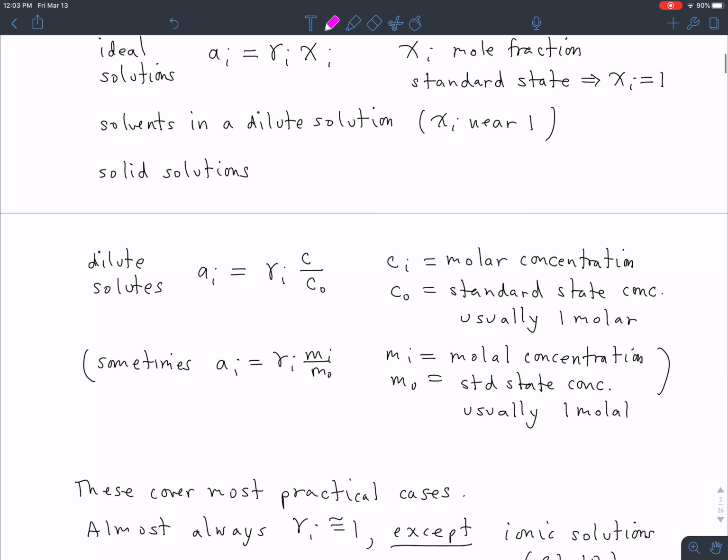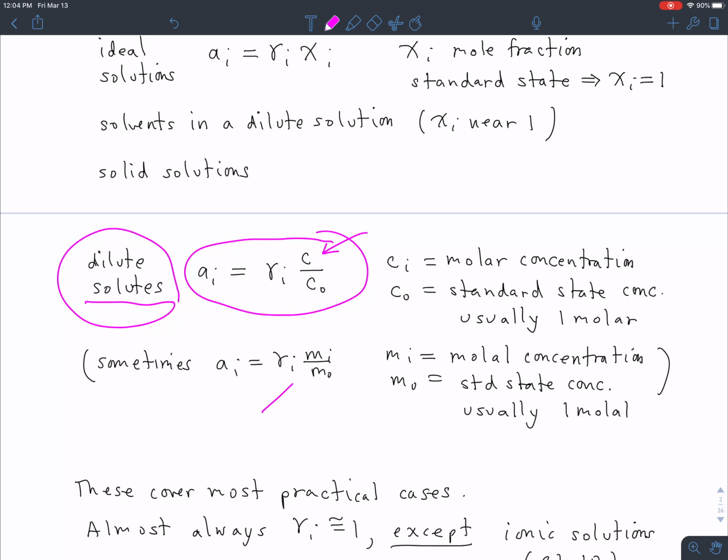Then the most common case is when you have a dilute solute, usually a solid mixed with or dissolved in some other solute, and then the concentration of the solute itself, rather than the solvent, is usually given by molar concentration. Occasionally, you'll see mole concentration used.